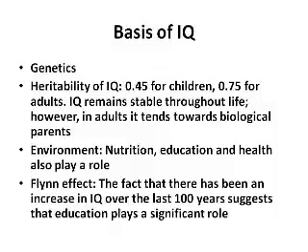So this suggests something very important. The fact that there has been an increase in IQ over the last 100 years suggests that education plays a significant role. Because how can you explain that the global IQ has increased? Well, you can't explain that by natural selection. There has not been a significant change in the gene pool. Evolution takes a much longer time to change the composition of a gene pool.